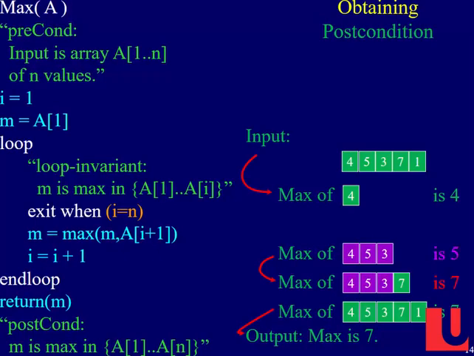But the slight difference is, maybe I should have said the postcondition is that this maximum is returned, because once you return, we don't have a value m anymore. So I should say m is returned, and so the action you have to do is to return m.